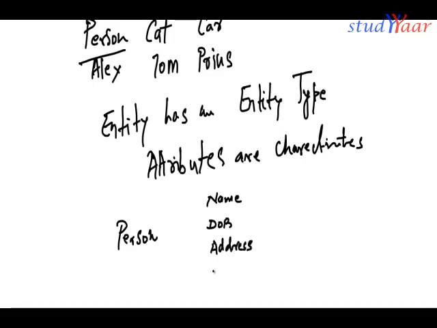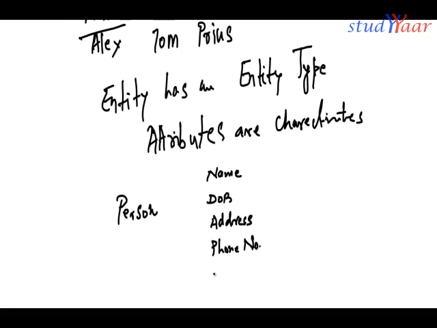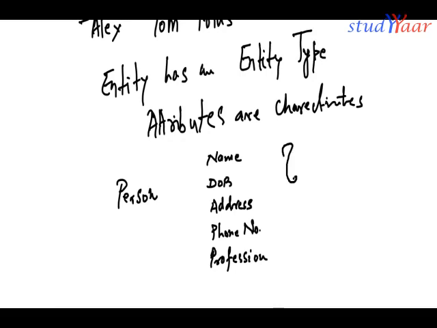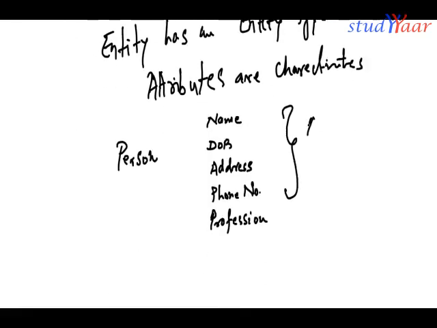He would probably have a phone number, and probably a profession. So these are the characteristics of a person. In the entity relationship model we call them the attributes.